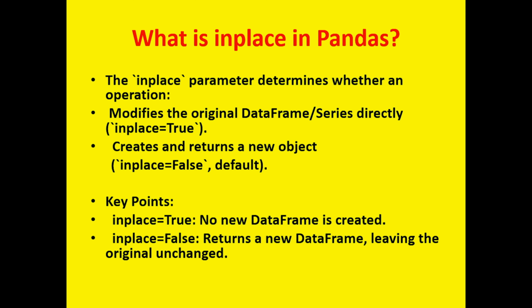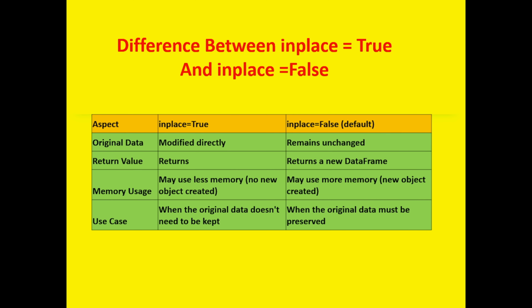We are going to understand with the help of practical implementation with the dropna feature. So this is the summary level difference between the two. For original data, inplace equal to True modifies directly, inplace equal to False remains unchanged. Return value: inplace equal to True returns None, inplace equal to False returns a new DataFrame.